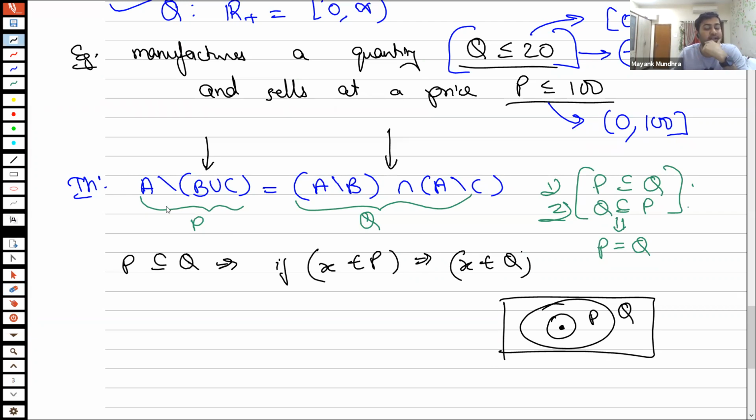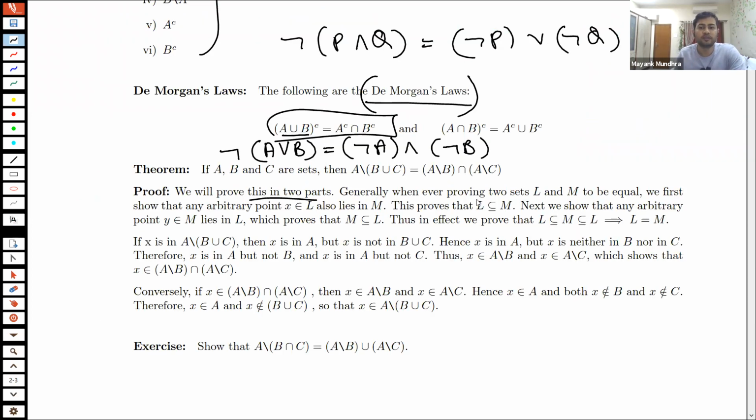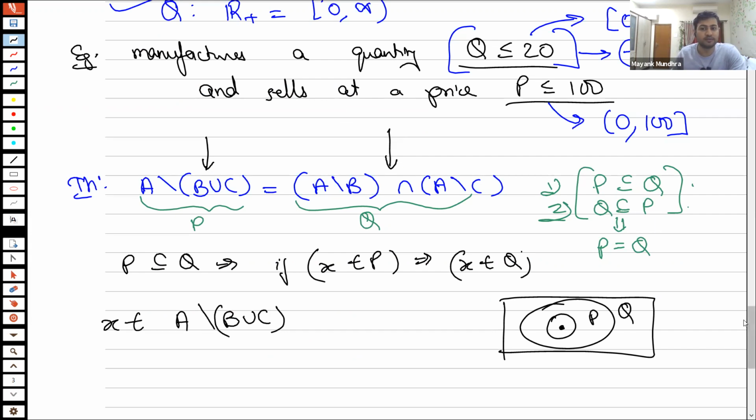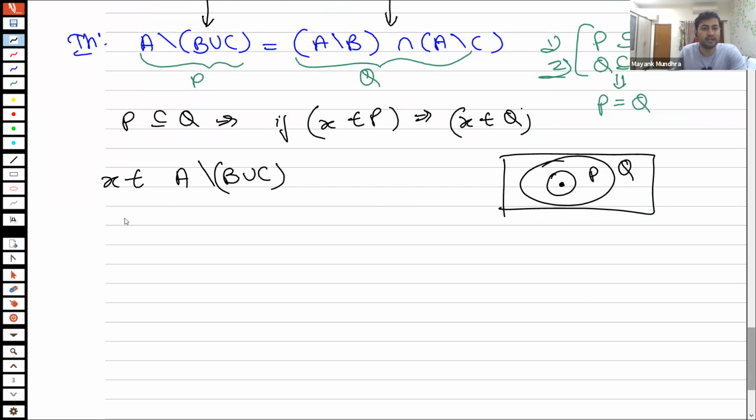We start by taking an element which belongs to A set minus B union C. So X belongs to A set minus B union C, right? Then X is in A, but X is not in B union C, right? So what this means is that X belongs to A and X does not belong to B union C, right?